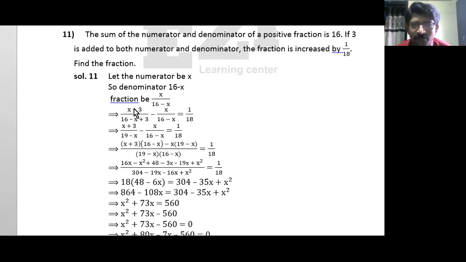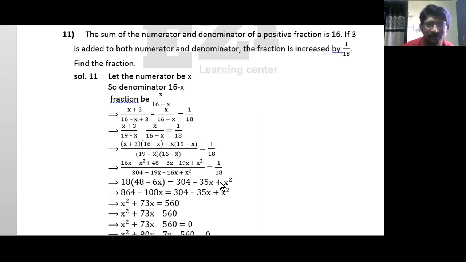Obviously by adding 3, the fraction will increase, so this is larger than the old one. So new minus old is equal to 1 by 18. I hope you understood. Then basic things like just cross multiplication. I hope you got till here.